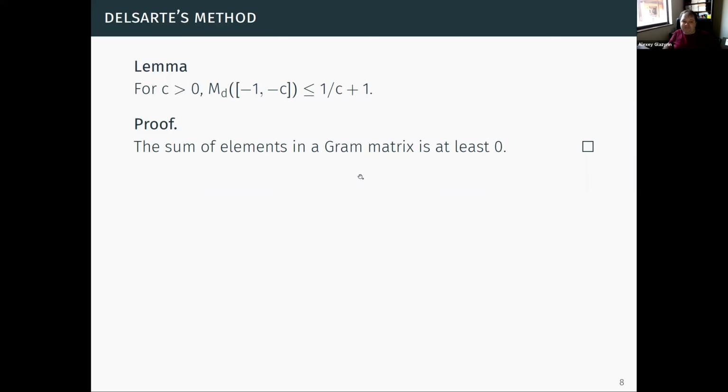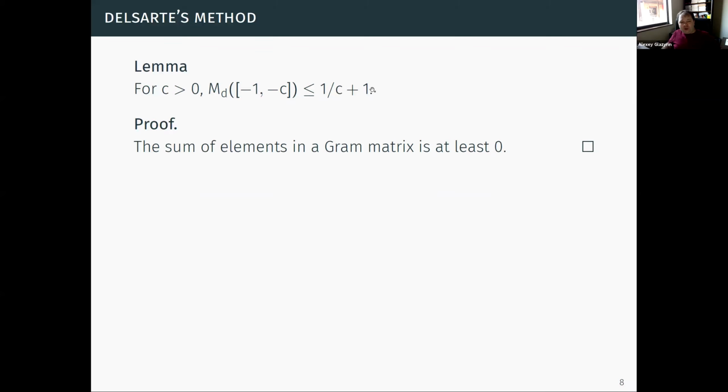So how do we get it? Well, you just look at the Gram matrix of the set, and it should be at least 0. So 1 minus c times the number of points minus 1 should be at least 0, and this is where you get the bound from.